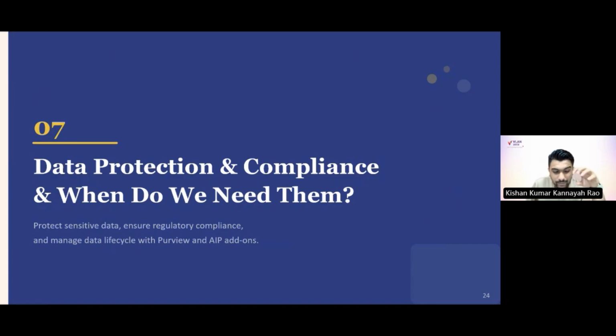Basically, this protects your sensitive data, ensures regulatory compliance, and manages the data lifecycle with Purview and also the AIP add-on, which is Azure Information Protection. This is more if you are someone focusing on the laws, or regulatory compliance, like on-paper compliance kind of thing.